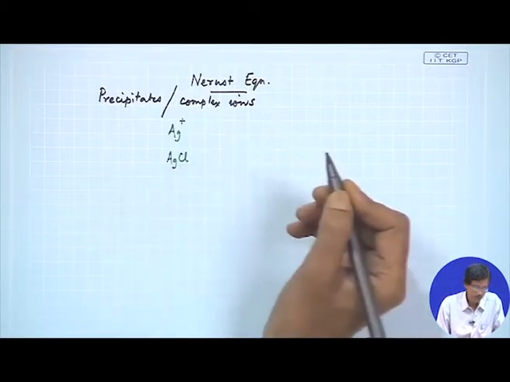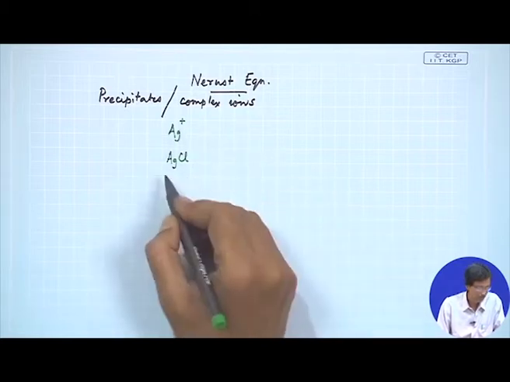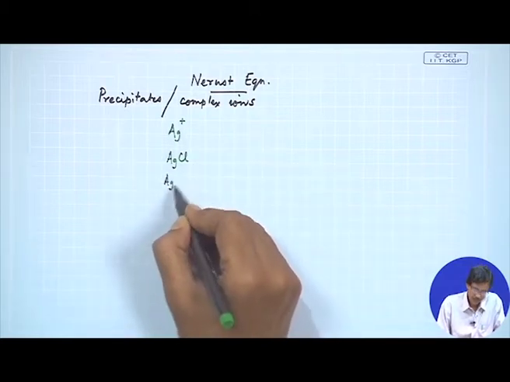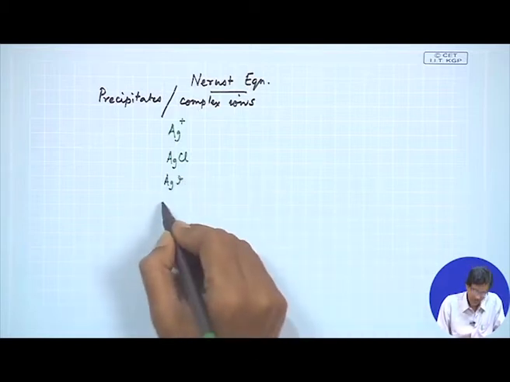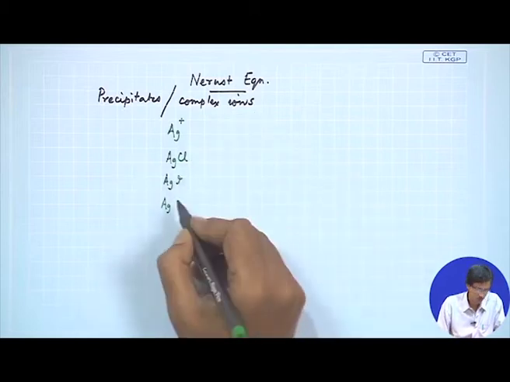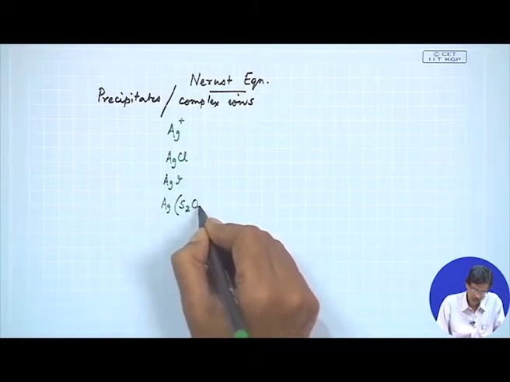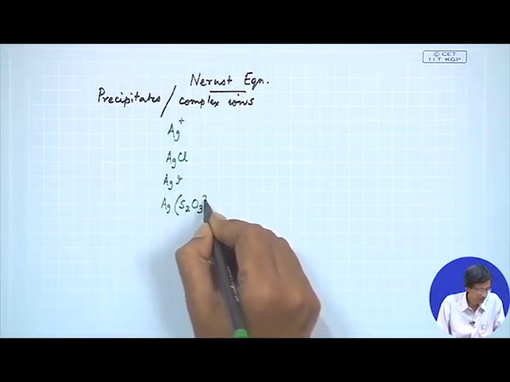So, the species involved can be silver ion itself, silver chloride, then silver iodide, and we will take the help of some species for the complex ions that can be formed, as we all know, with thiosulfate anions S2O3 2 minus.